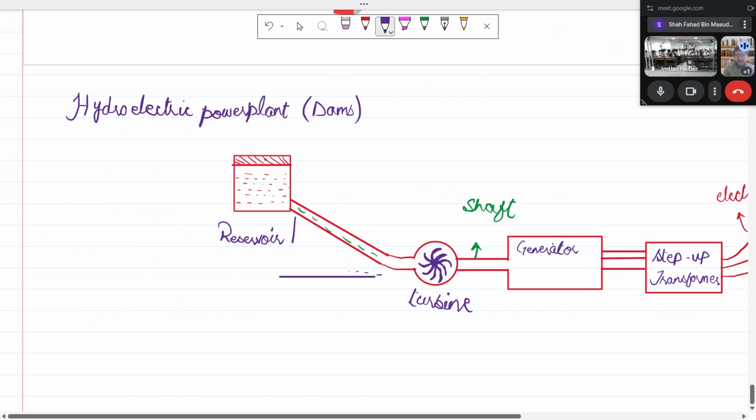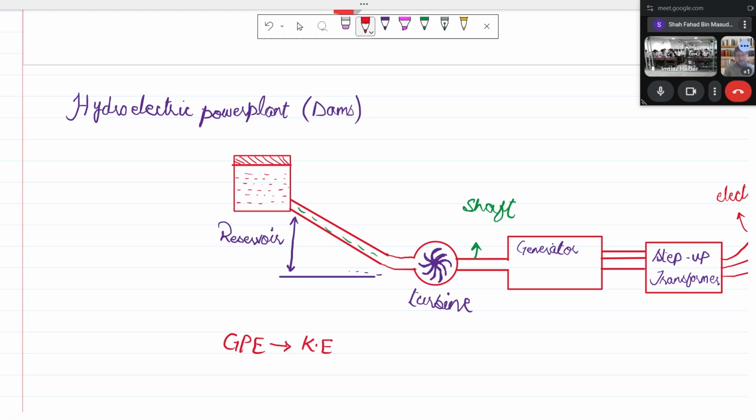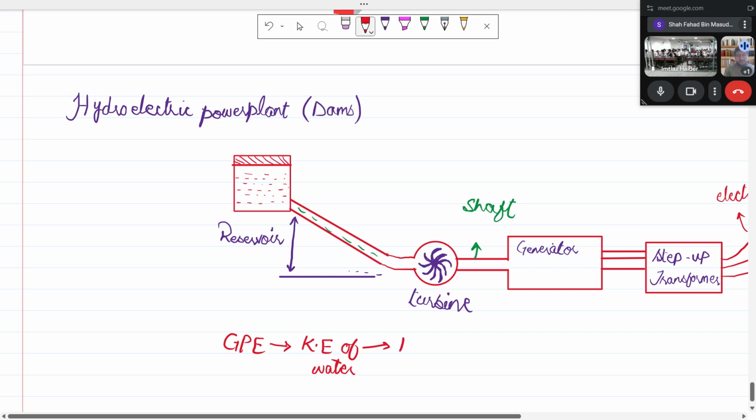So the water which is in the reservoir is going to have some gravitational potential energy. मेरा बच्चा, हम लोग जो law of conservation के लिहाज से पढ़ते थे, we said that the gravitational potential energy is converted into the kinetic energy of water. ठीक है, first it goes to the kinetic energy of water, then this kinetic energy of water helps to turn the turbine, so it is converted into the kinetic energy of the turbine, and then this kinetic energy of the turbine produces the electricity.